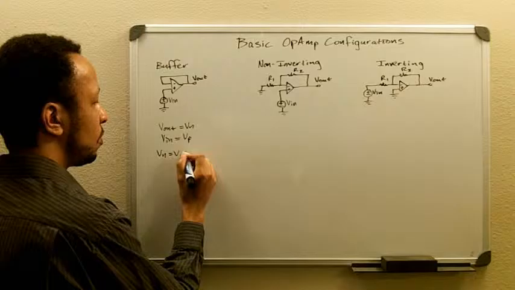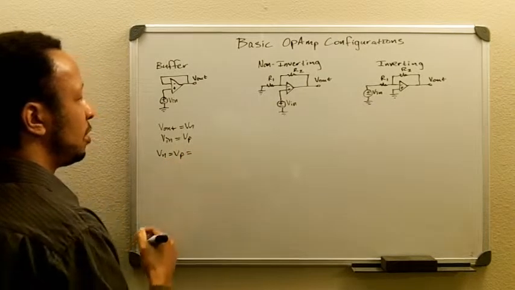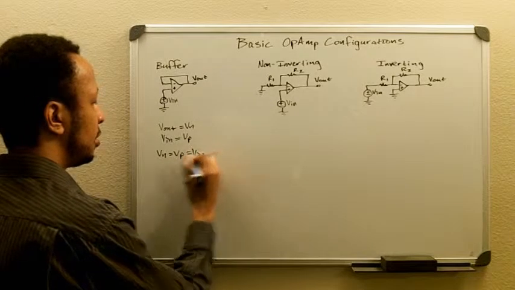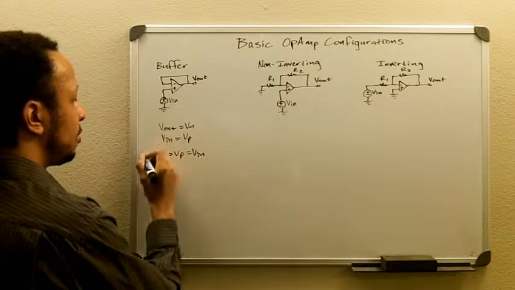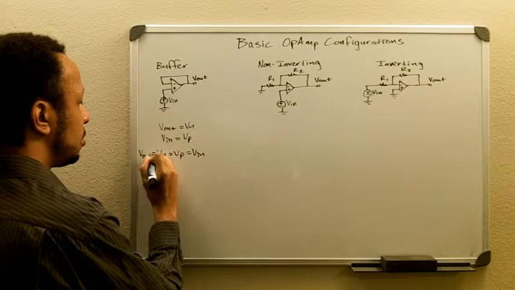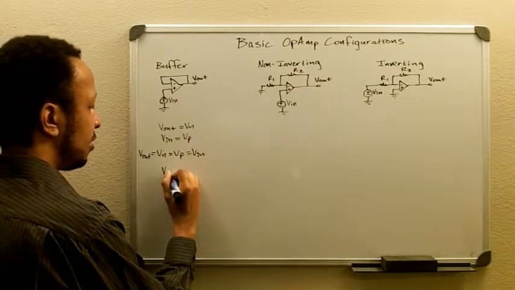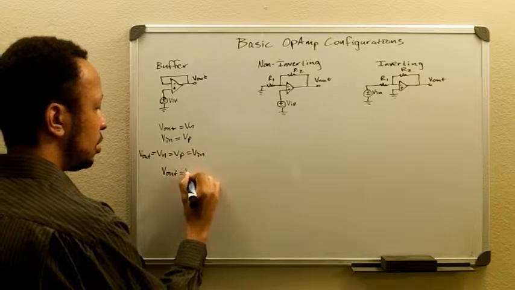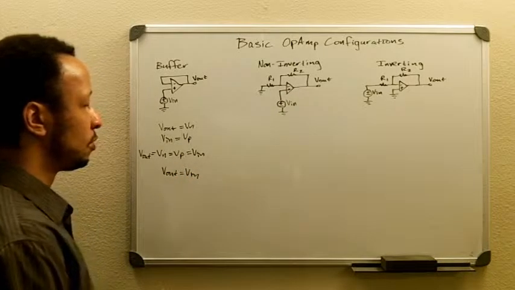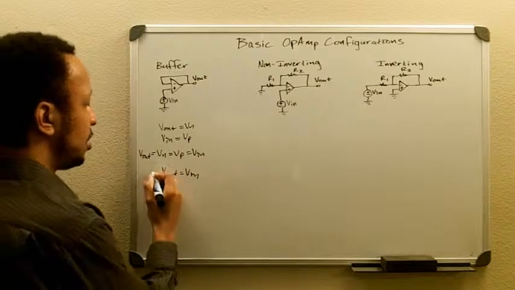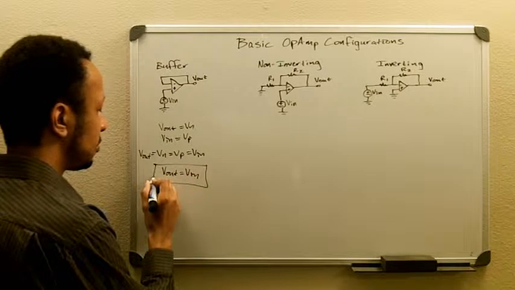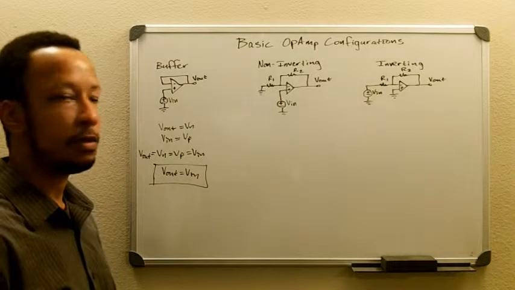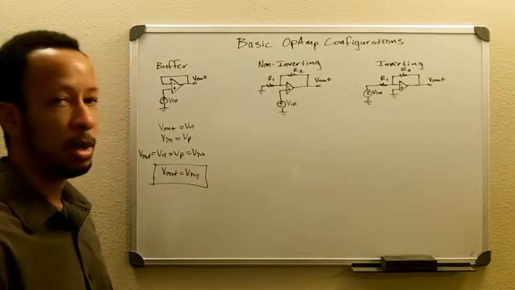So then, since VP equals V in and V in equals V out, we have to have that V out equals V in. So that is the functional relationship that we have here between the voltage in and the voltage out. It just buffers it.